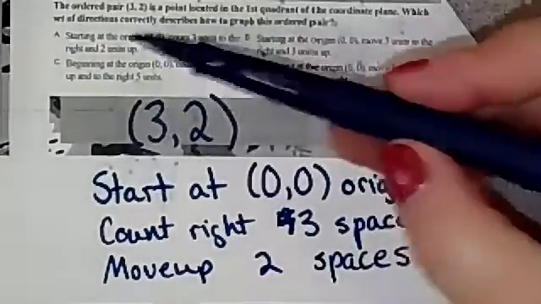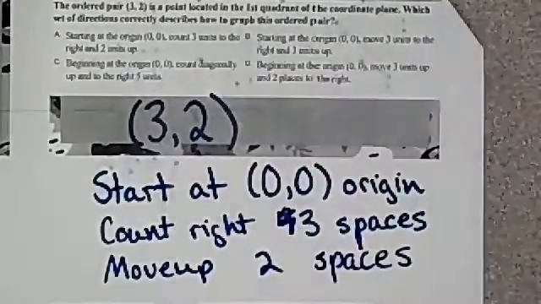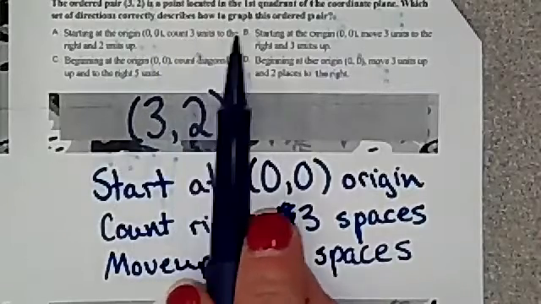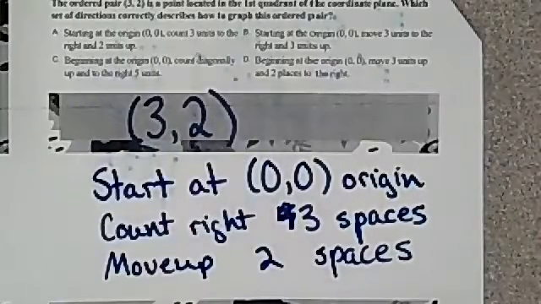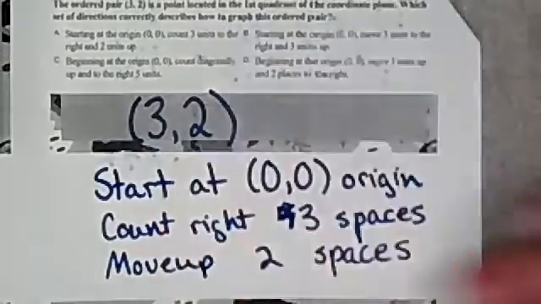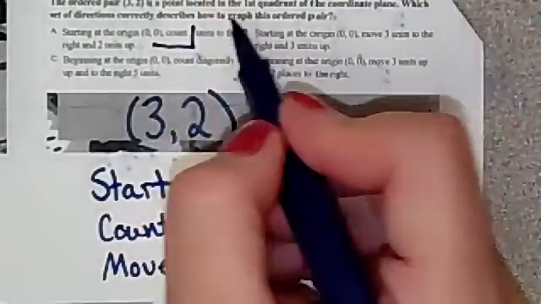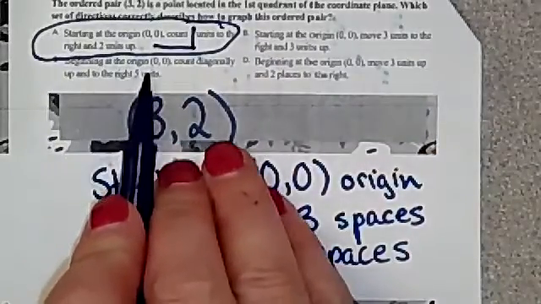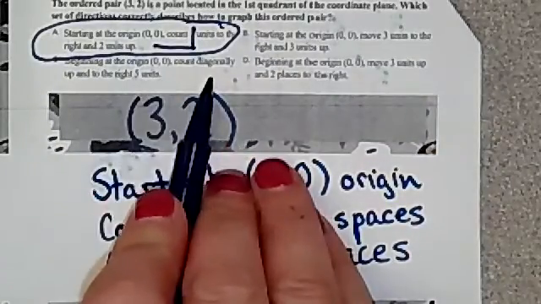So you've got A, B, C, and D. A says start at the origin, count 3 units to the right and 2 units up. Does that sound right? Start at the origin, go 3 right, 2 up. That sounds good to me, doesn't it? Yeah. All right. It is not start at the origin and go diagonal.